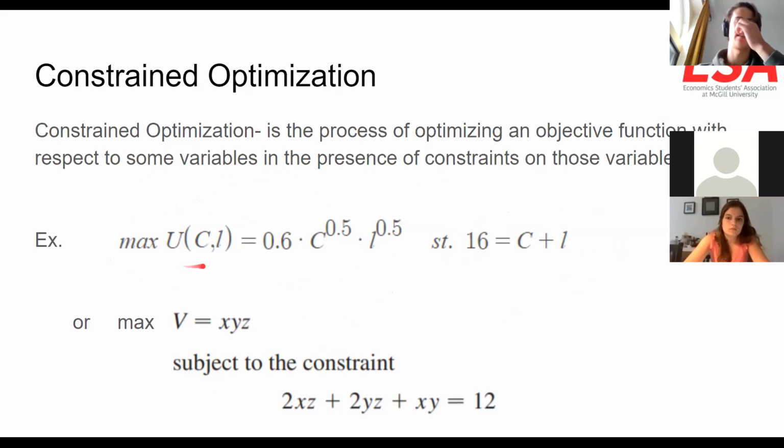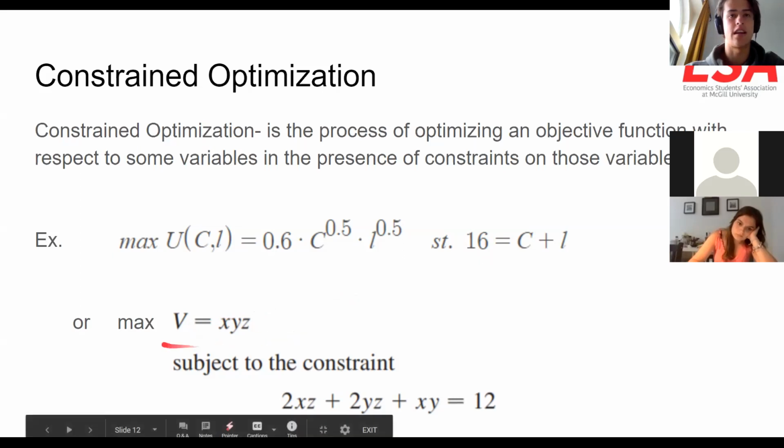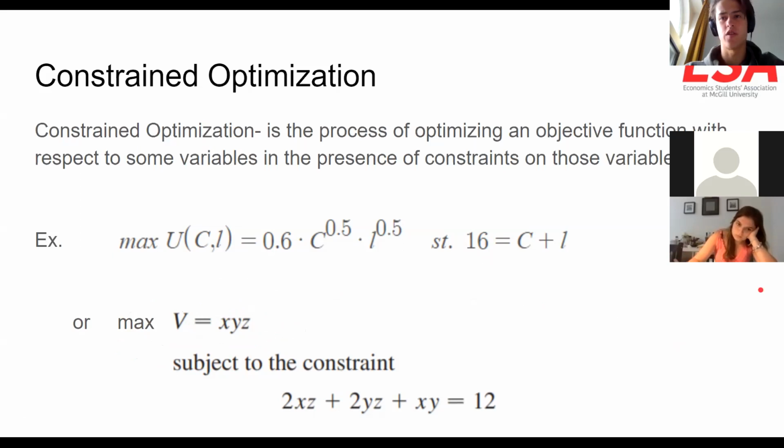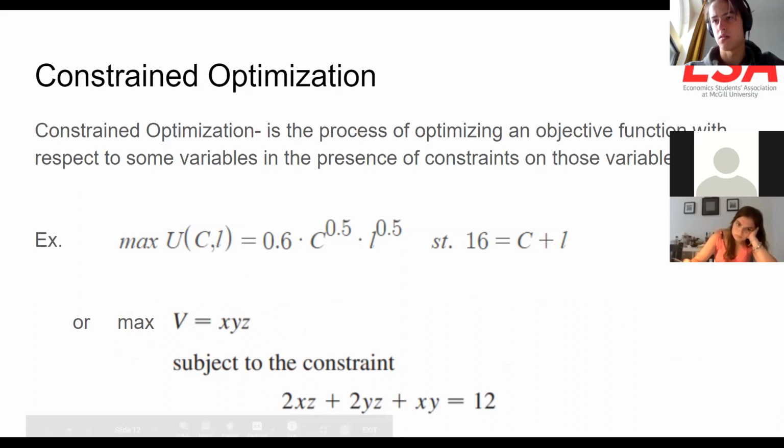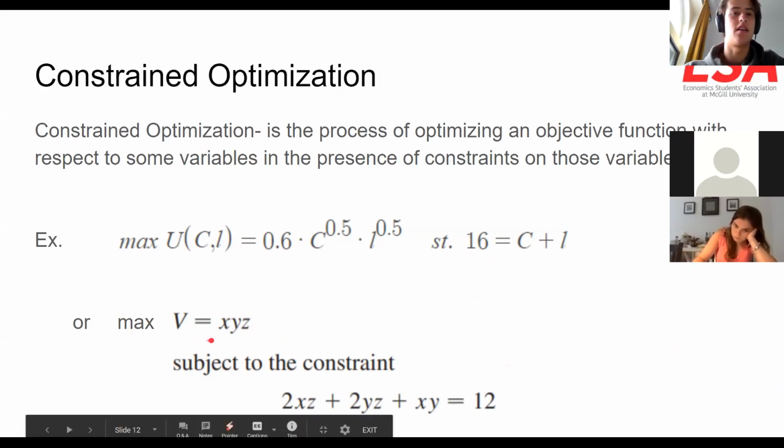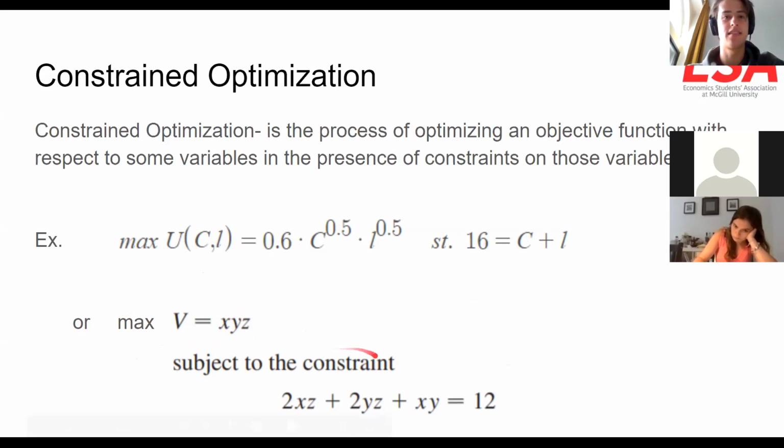Here we can see that this is a typical example of a utility maximization problem that you guys will see in Econ 250 or possibly later on. And here is more of a mathematical version of the problem, which is supposed to represent the volume of a box without a lid.